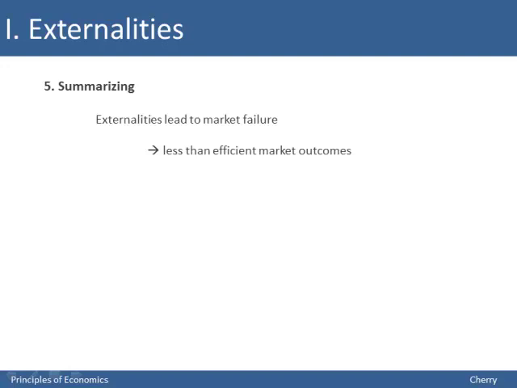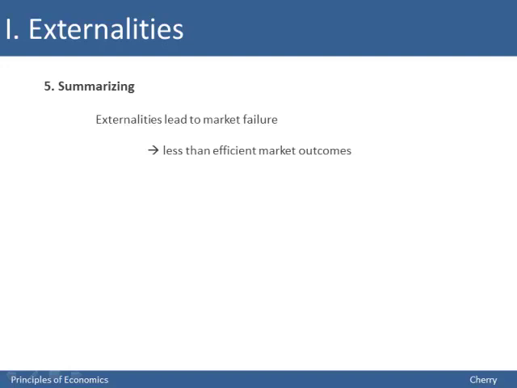So the market price is not going to reflect these relevant costs or benefits, and therefore not going to be the correct incentive for the buyers and sellers, which is going to lead to less than optimal behavior by buyers and sellers and less than efficient outcomes from that market.